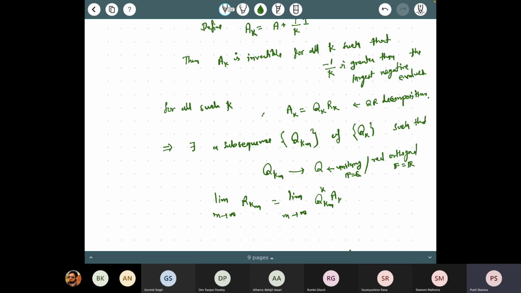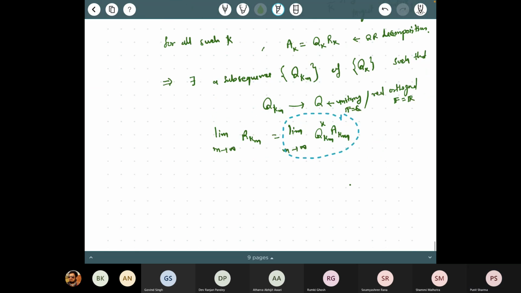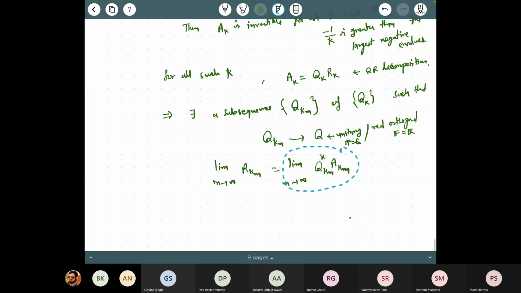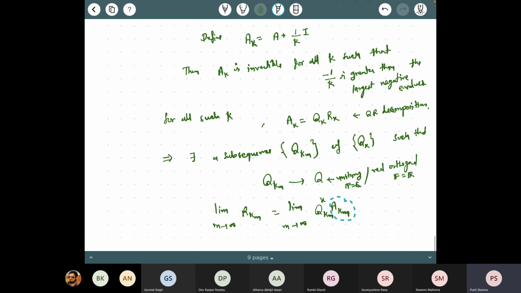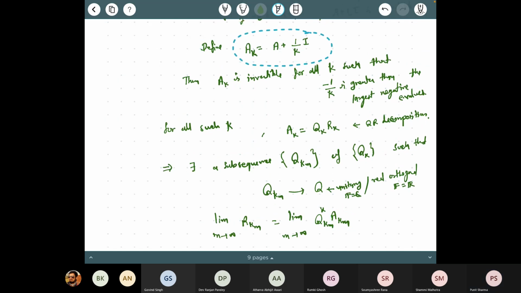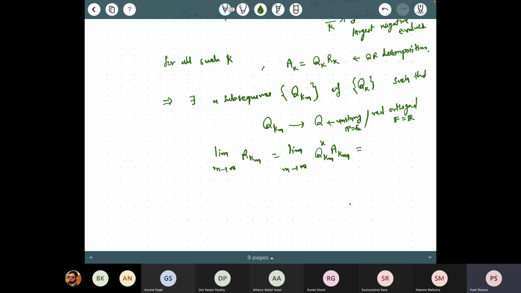So first, can you tell me what is this limit? As m tends to infinity, Qkm star converges to Q from here. And AKM converges to A. So this thing would be equal to Q star A.